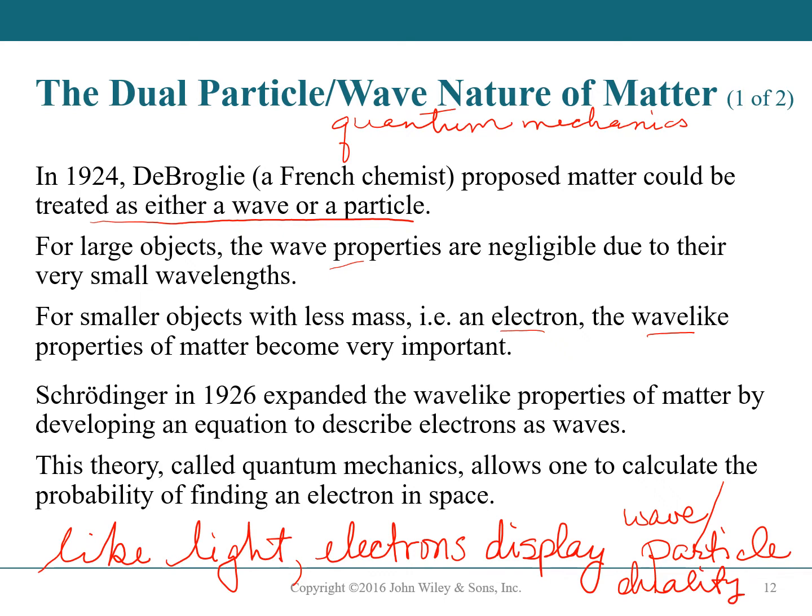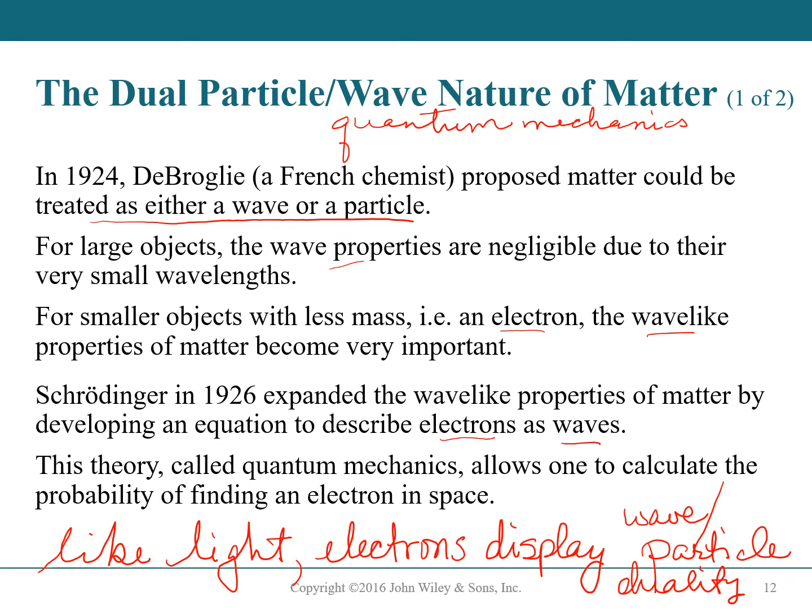Okay, so once we know that electrons also display wave-like properties, we then try to describe our atom, and in particular the electrons, as waves. So instead of looking at particles, we're now saying, okay, if electrons are waves, let's look at our wave mechanics, our description of waves, and see if we can apply that to electrons.